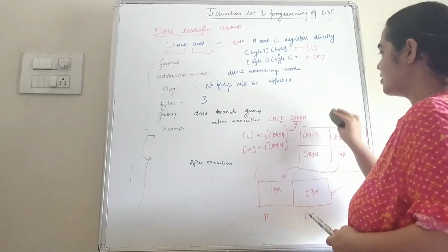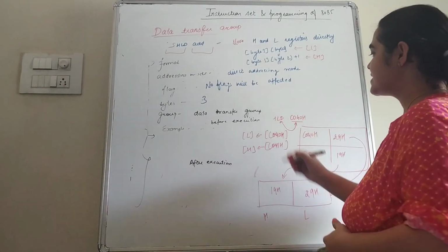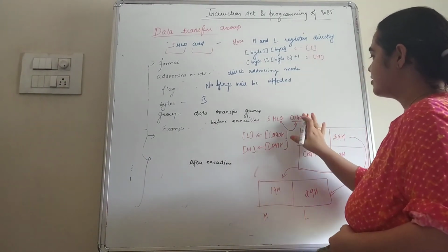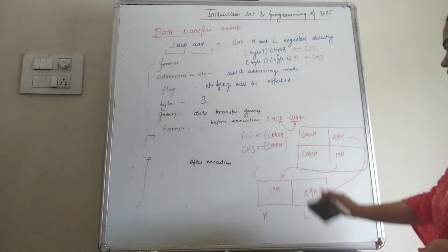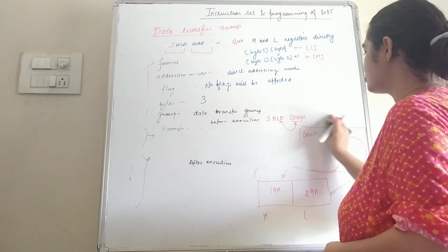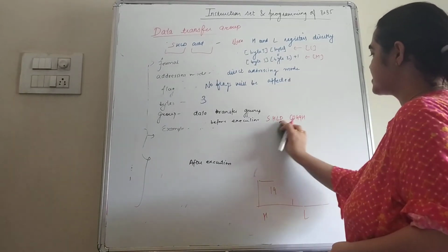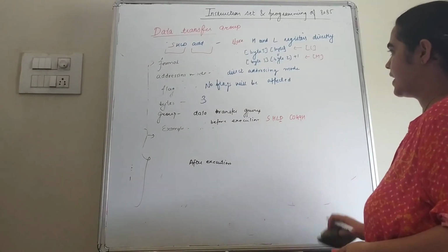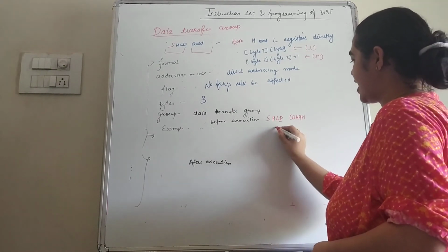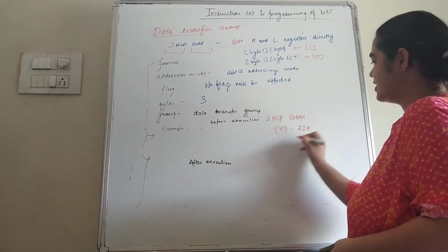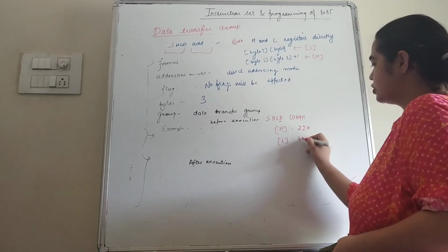So for example, we have an example that is SHLD and the memory location is C049H. So students, according to this example, SHLD C049H, suppose in H we have the 22H value, and in L we have the 42H value.